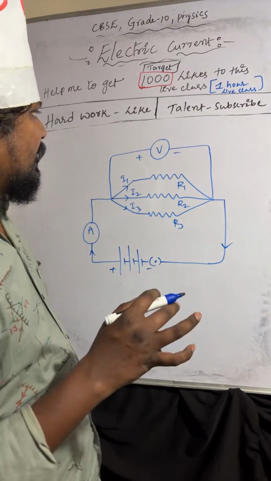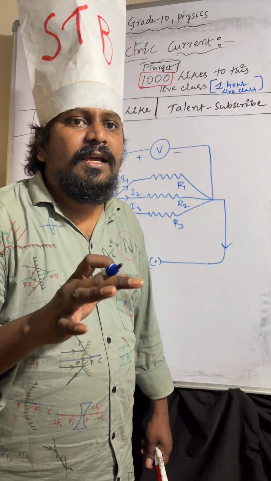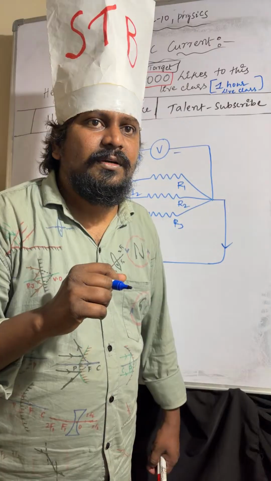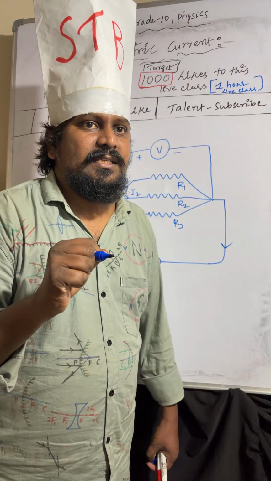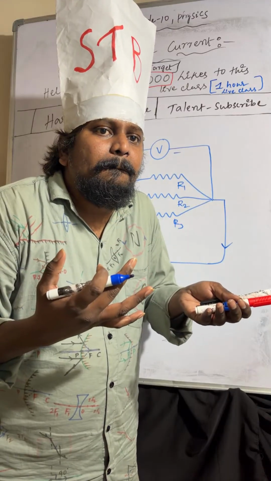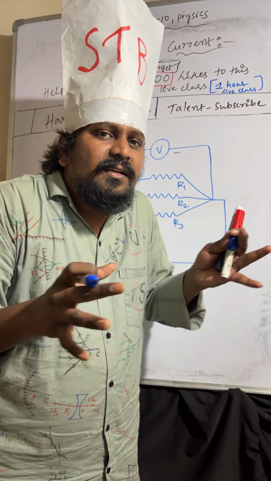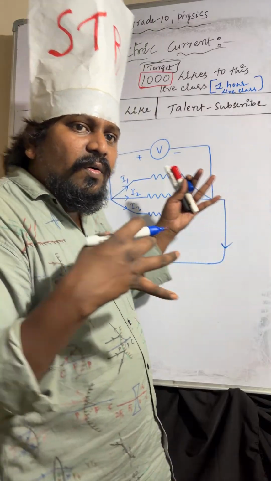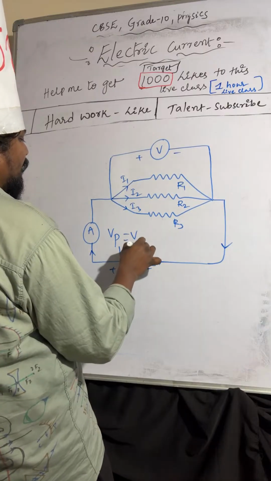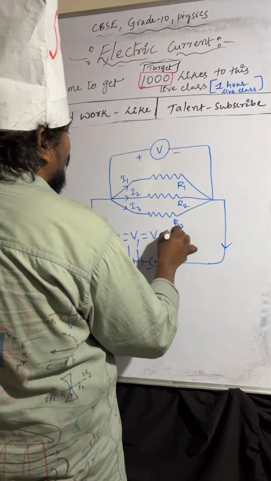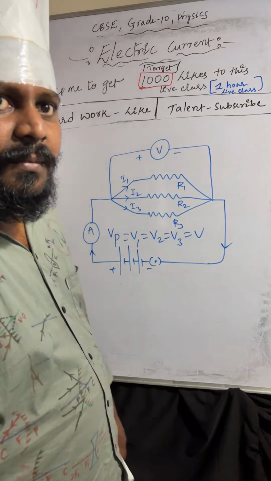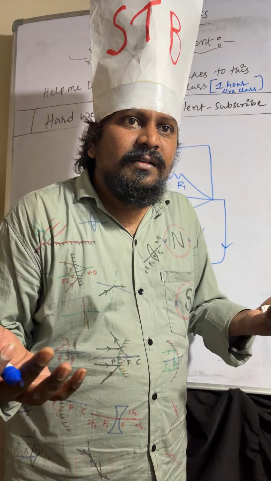Now you can observe here. Understood? The potential difference is same. What is that? Potential difference is same. So V_p equal to V1 equal to V2 equal to V3 equal to V. But current is different.